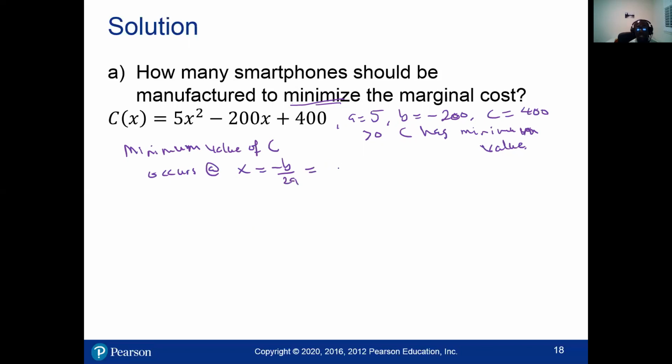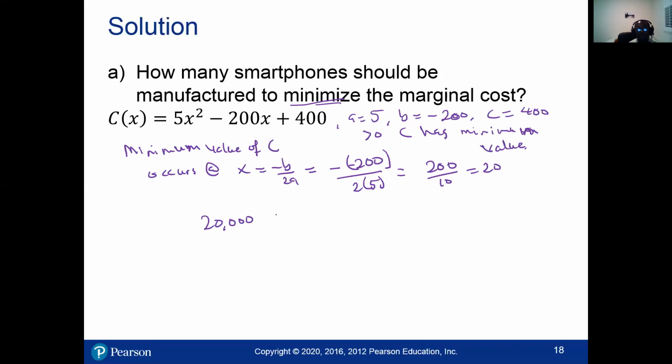This is negative of negative 200, divided by 2 times 5. So you get positive 200 divided by 10, which is 20. Now remember, x is in thousands. So how many smartphones should there be? There should be 20,000, because the question says x is in thousands.